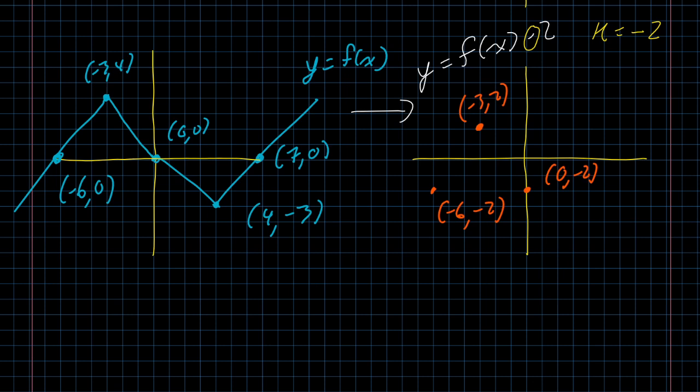Our point from 4, -3 is now going to be at 4, -5. And our point that was at 7, 0 is now at 7, -2.